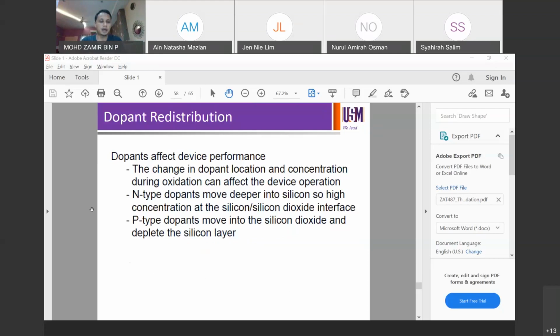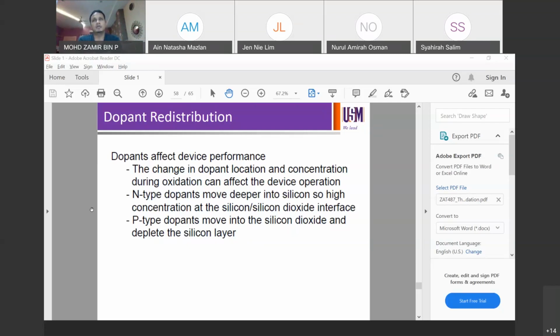So let's have a look at the details of what's happening. Dopants affect device performance. The moment you have a redistribution process, this is not what you intended in the first place, but it is the intrinsic behavior of the dopants during the process, particularly at high temperatures. The change in dopant location and concentration during oxidation can of course affect device operation.